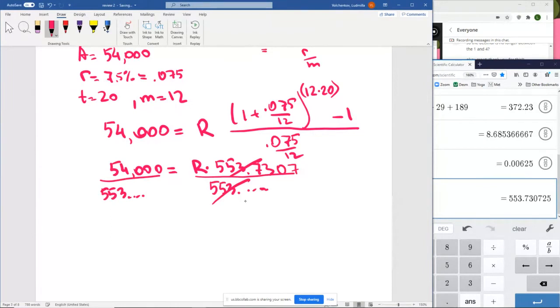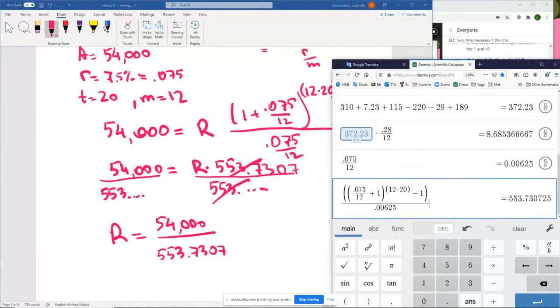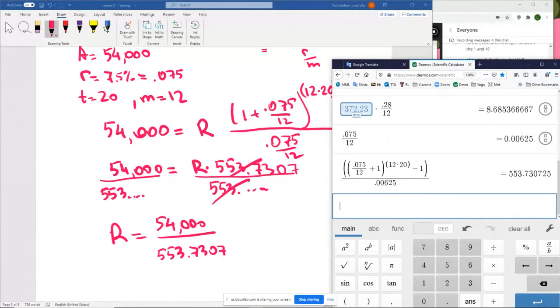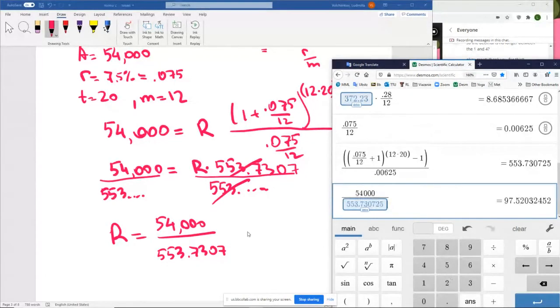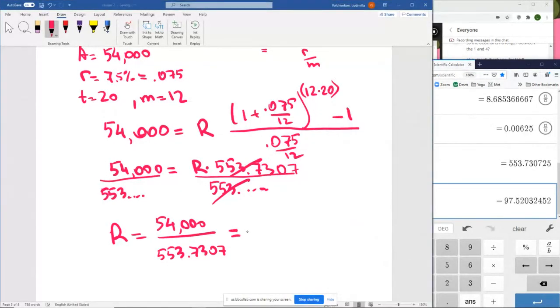So it will disappear on the right, and we have R equal to 54,000 divided by 553.7307. I use the answer feature here: 54,000 divided by answer. This is 97.52. Okay, we must round up, but it is actually 0.